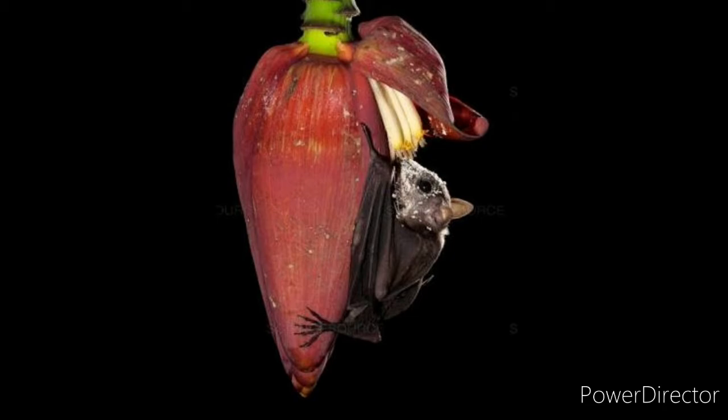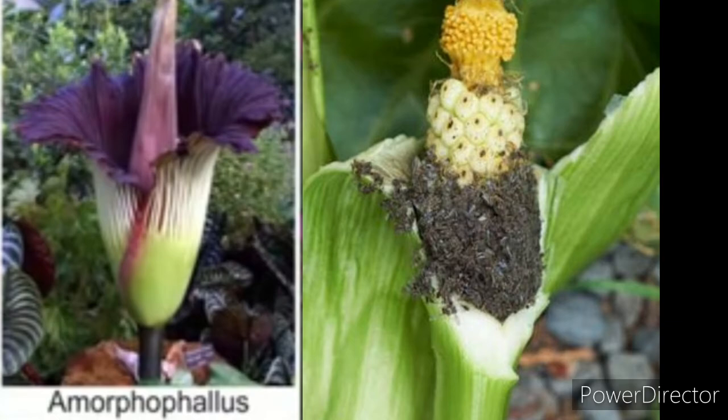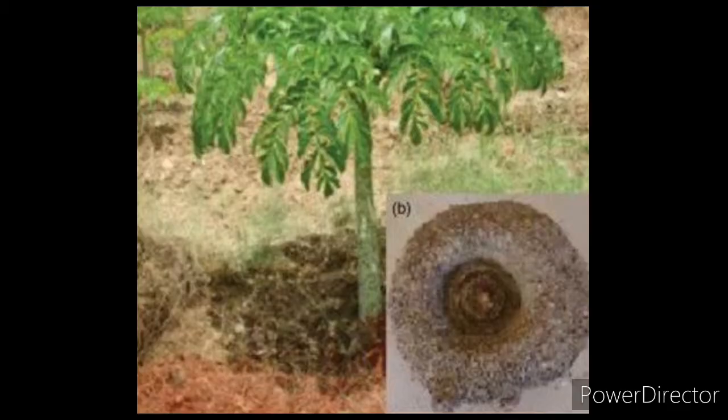How are they adapted? One example is the tallest flower, Amorphophallus, the flower itself about 6 feet in height. That is the tallest flower, attracting the pollinating insects and providing them a safe place to lay their eggs.